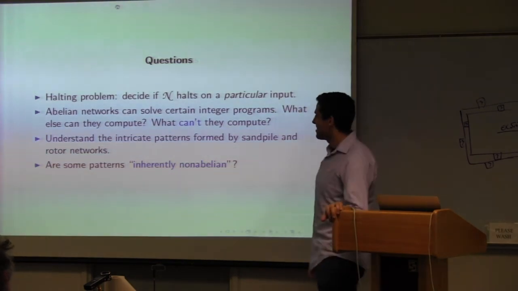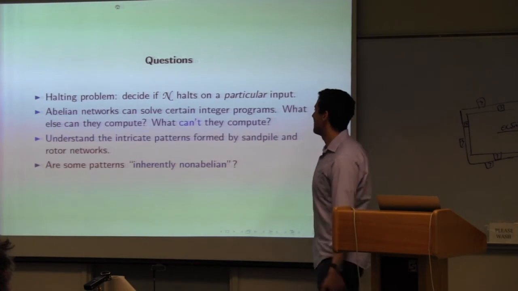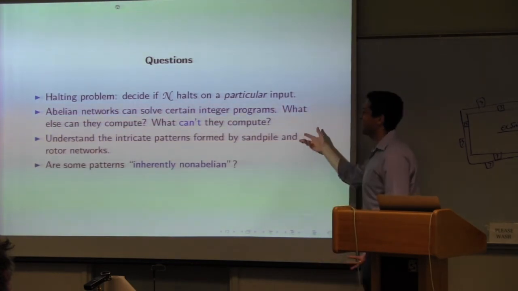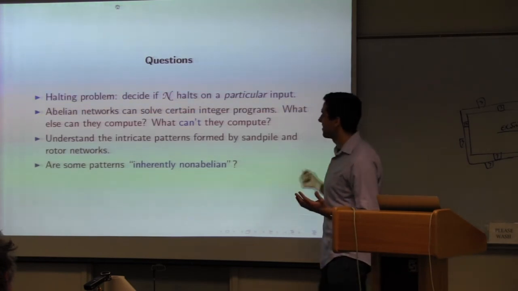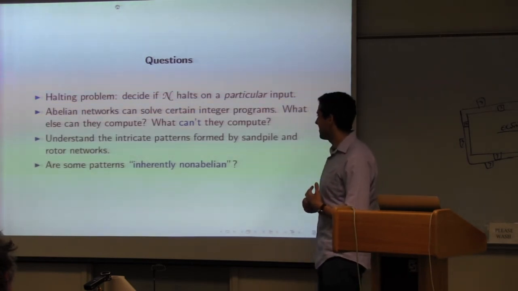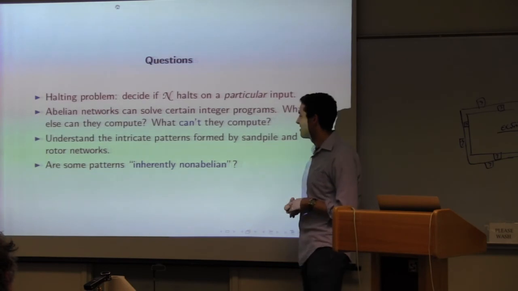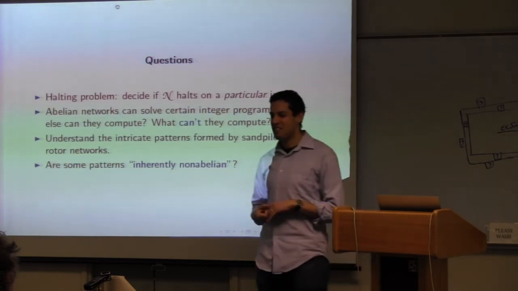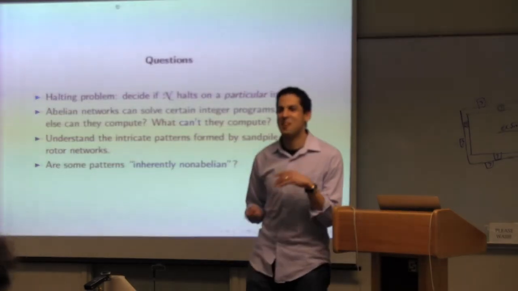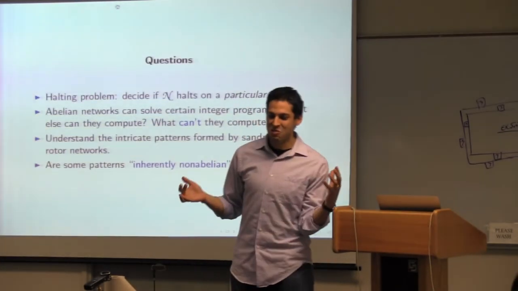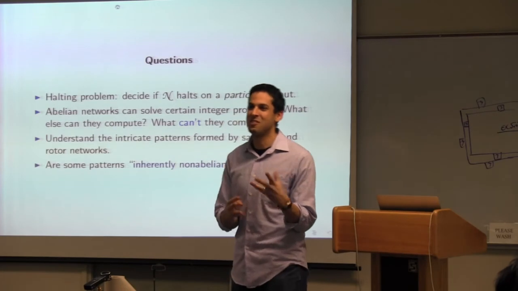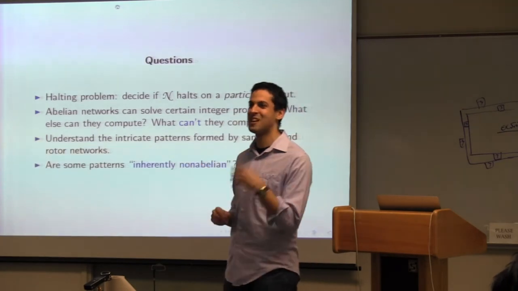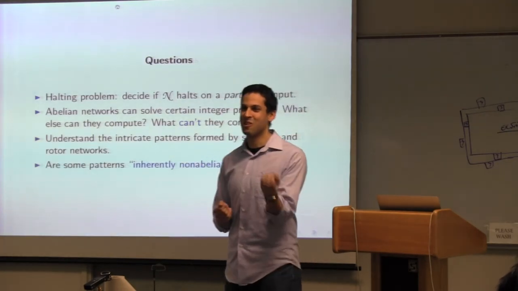And pattern formation. We'd like to understand the patterns that these networks generate, and again, whether they have some limitations. I imagine, analogously to how in physics you might try to infer some properties of elementary particles from some macroscopic behavior, maybe you can't measure the particles directly.